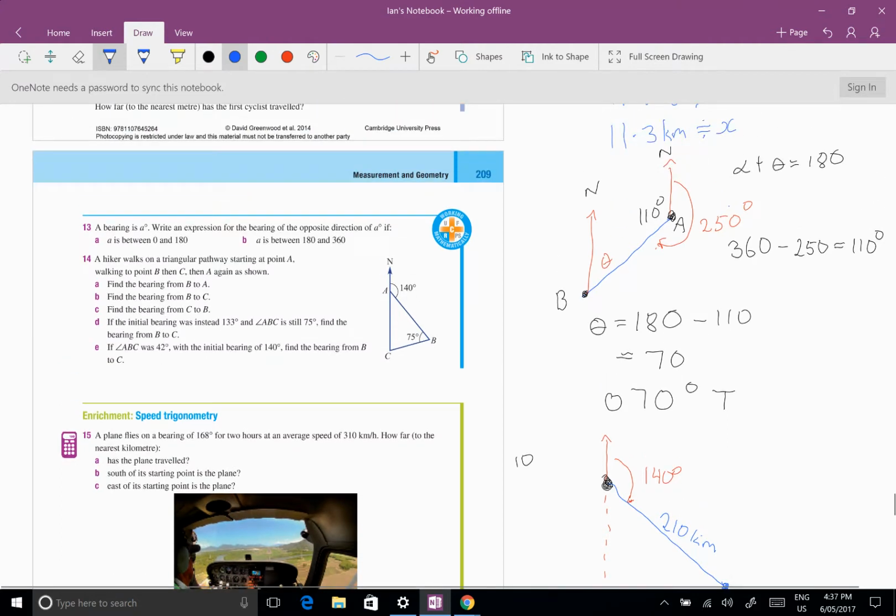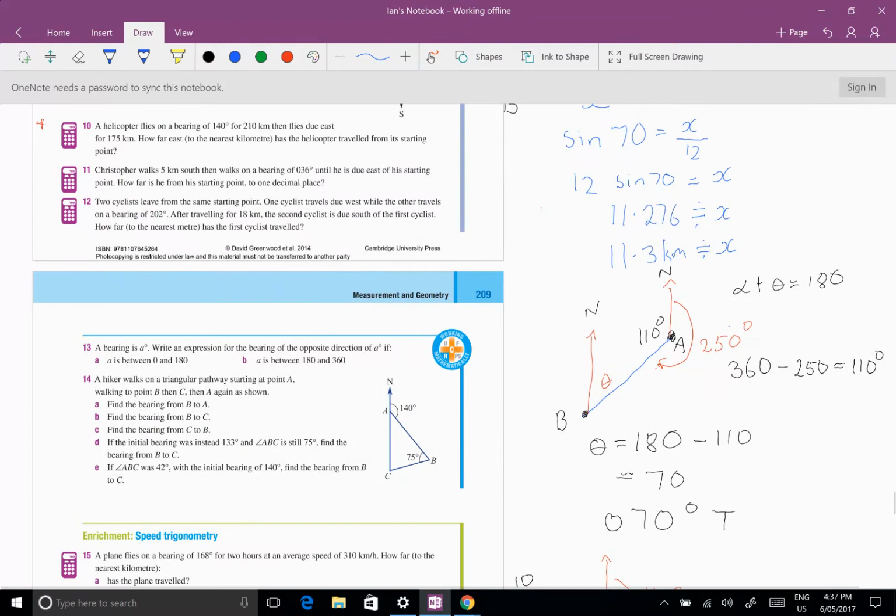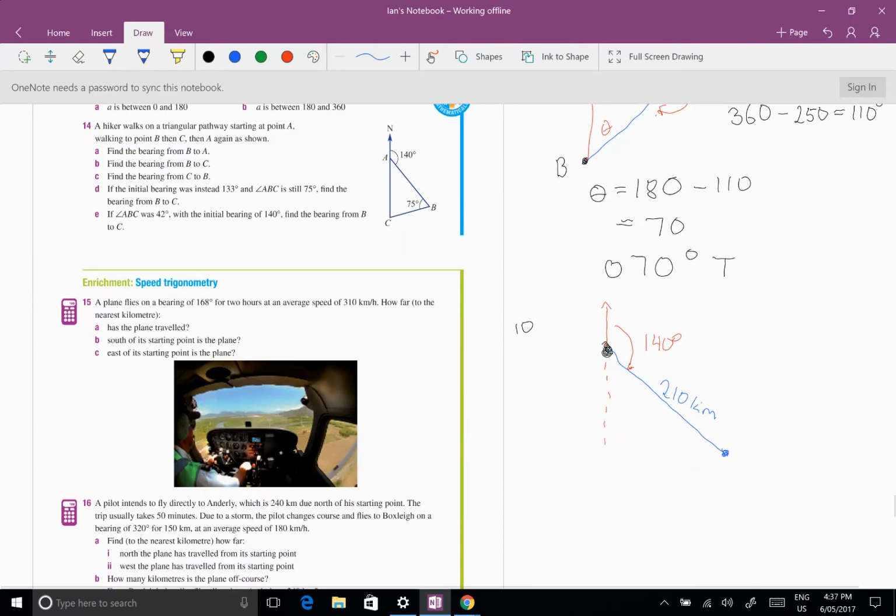Then what happens? Then it flies due east for 175 kilometres. All right, well, we'll just add that little bit of information in. It then goes due east. Well, due east is to the right for 175.